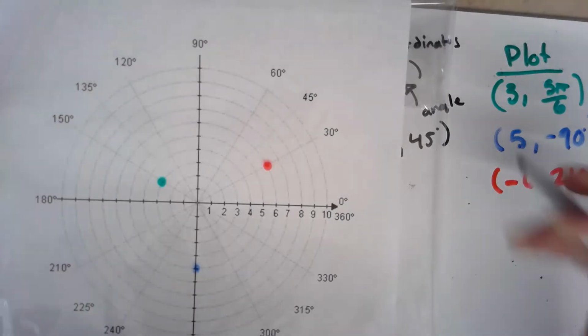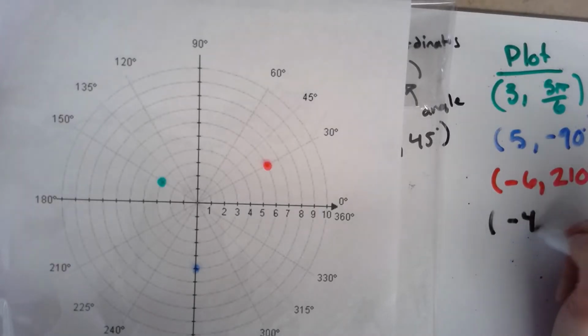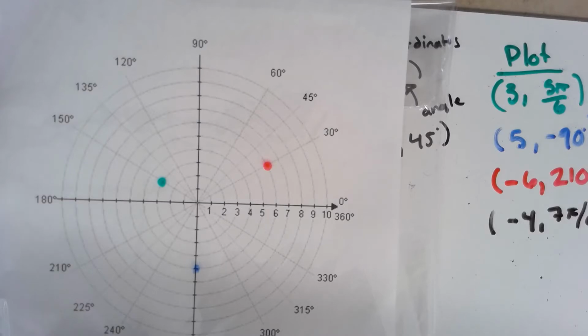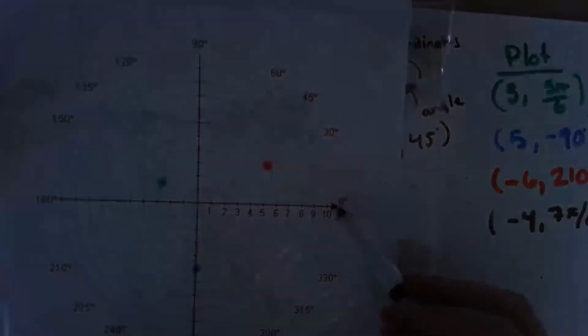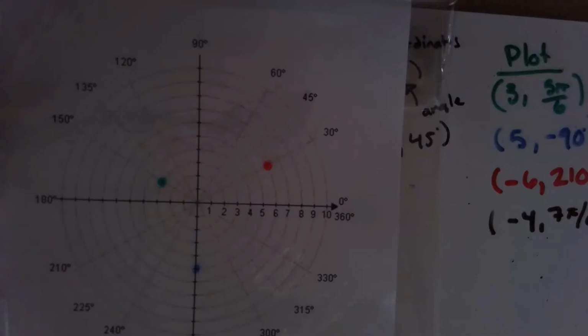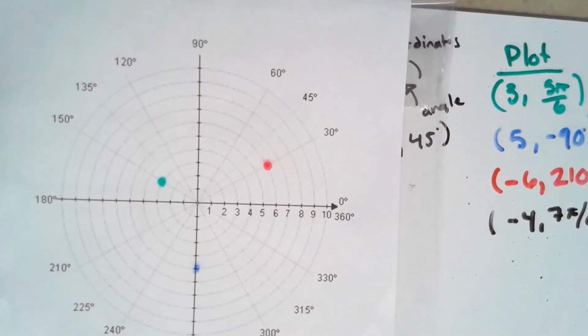Running out of colors. Let's do negative 4, 7 pi over 4. We know 7 pi over 4 is pi over 4 short of 2 pi. Sorry, my lights went out.